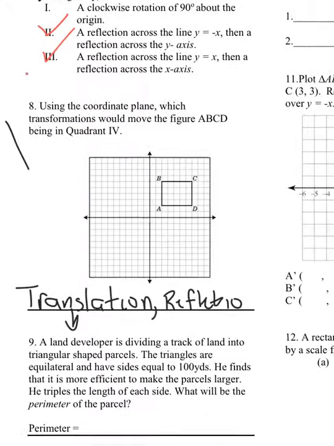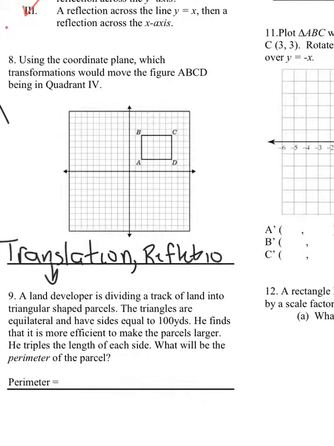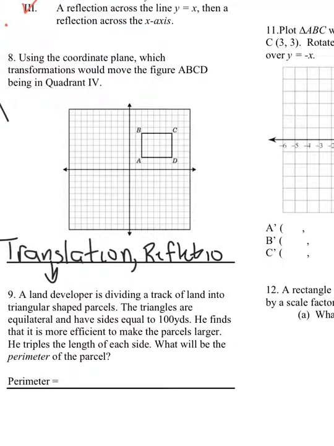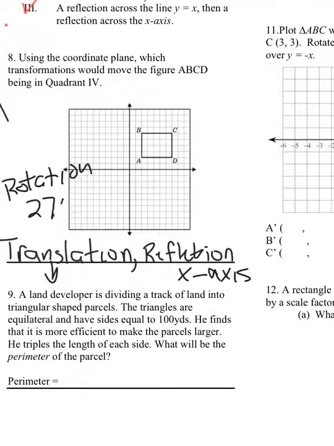Reflect over the x-axis. And then also, I guess I'll add it up here maybe. Rotation of 270 degrees. 1, 2, 3. 3 turns, 270. Okay.